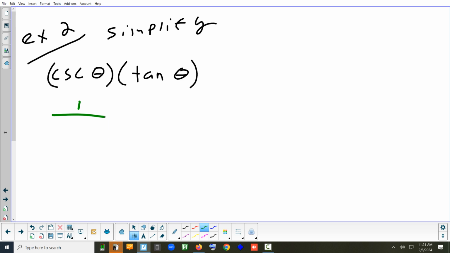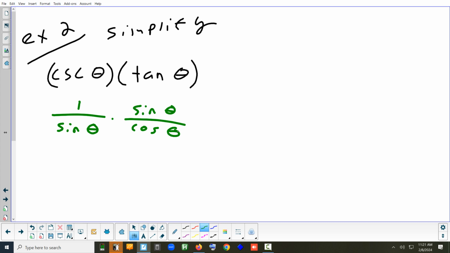Not cosine. Careful. 1 over sine. So cosecant is 1 over sine times what's tangent? Yep. Sine over cosine. Okay, what's going to happen in those two fractions because you're multiplying?